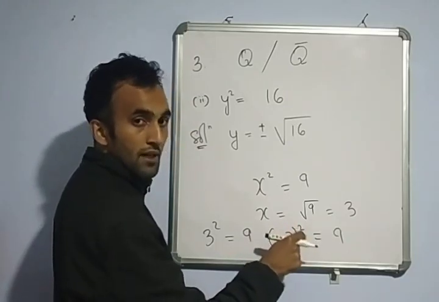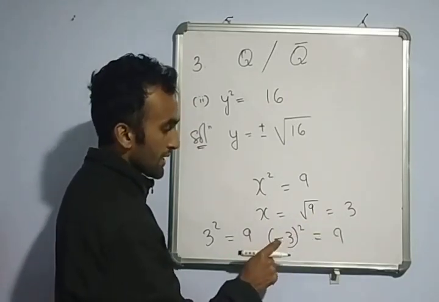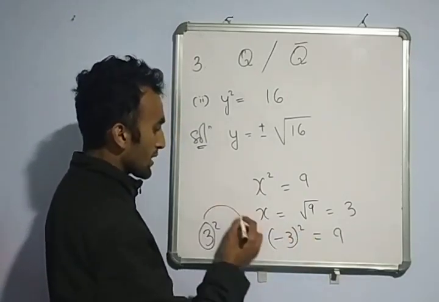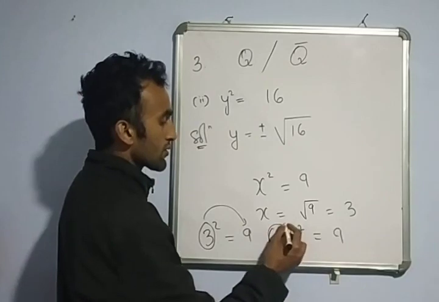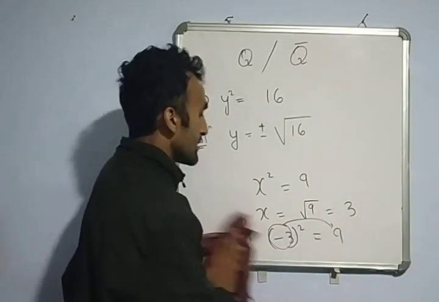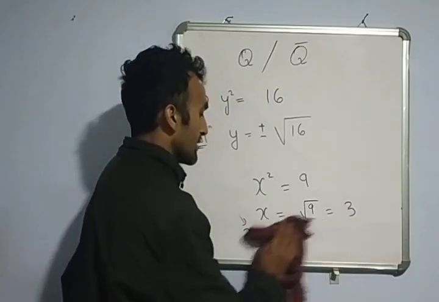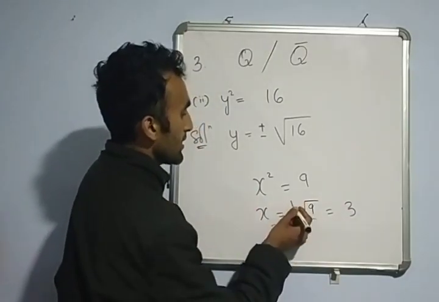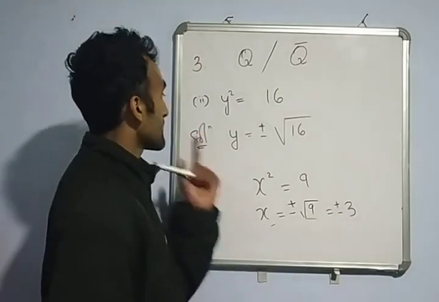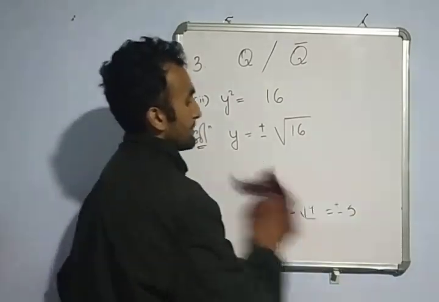Negative to the power of an even number is always positive. So 3 square gives you 9, and minus 3 square also gives you 9. So that means you always have to insert plus minus here. In the last sum also you insert plus minus.